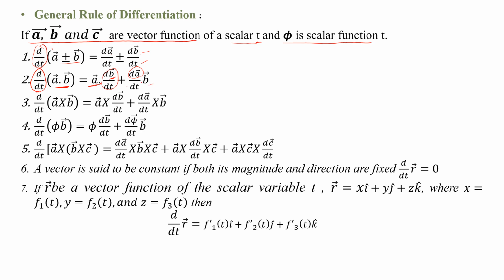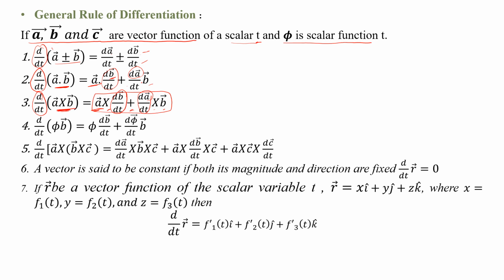And if we have the cross product of two vector functions a and b, we write the first vector cross the derivative of the second vector with respect to t, plus the derivative of the first vector a with respect to t cross the vector b. You just follow the same order as given.